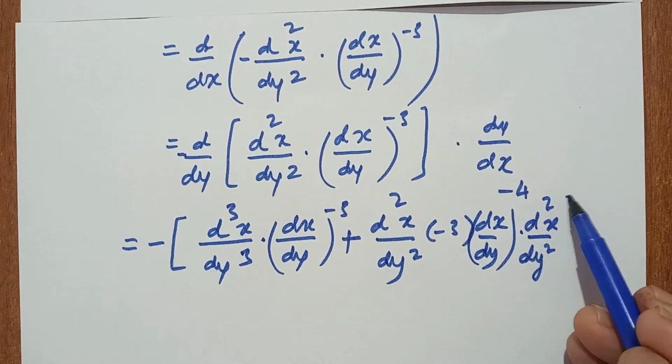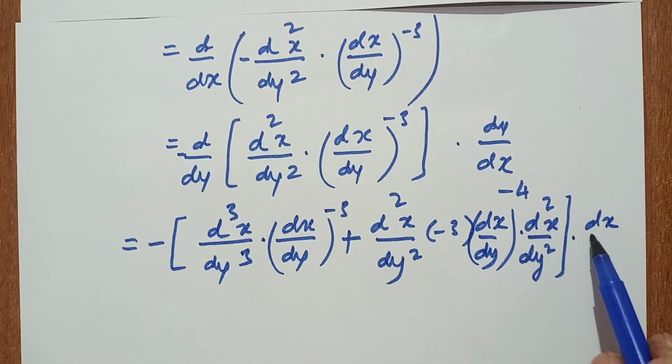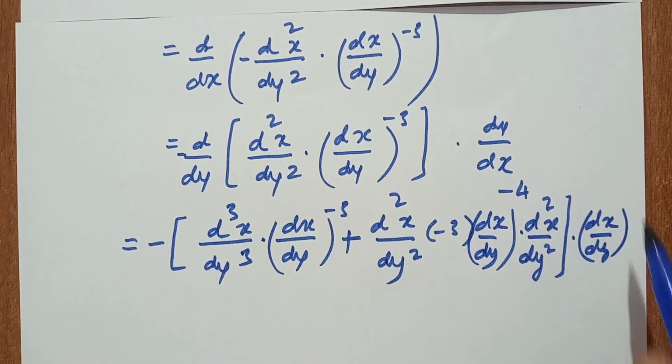In multiplication, dy by dx is nothing but (dx by dy) to the power minus 1.